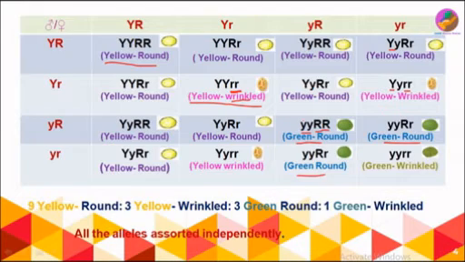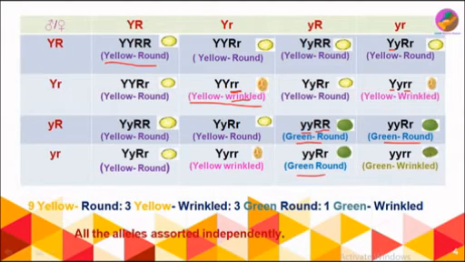So this is also known as independent assortment. Such plants can be produced when both small y are present and one or two capital R are present. This is called the green round phenotype.